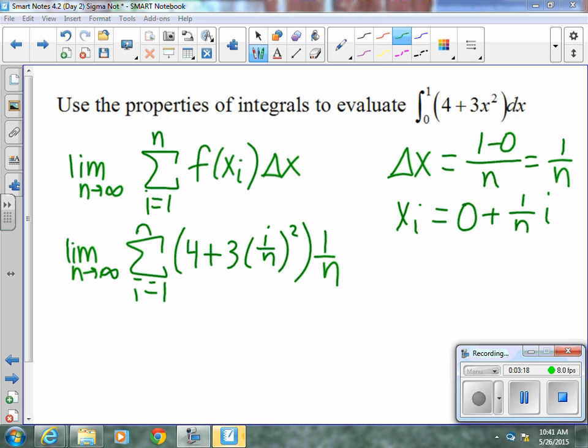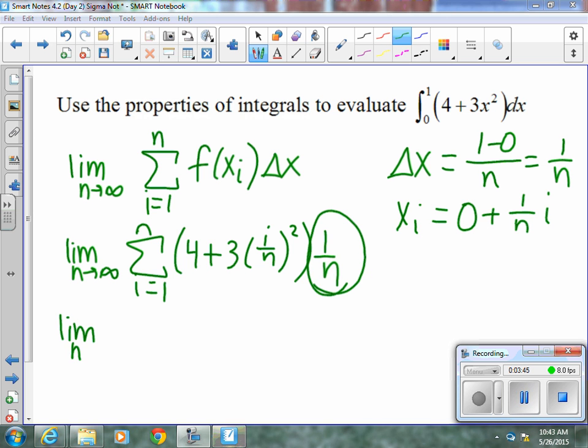And now we're going to have to work through some stuff so we can evaluate this notation. Before we can even mess with the limit, we need to do some of the evaluation of our sigma notation. So in our sigma notation, our variable is the i, meaning we can move anything without an i, like this 1 over n, out front.